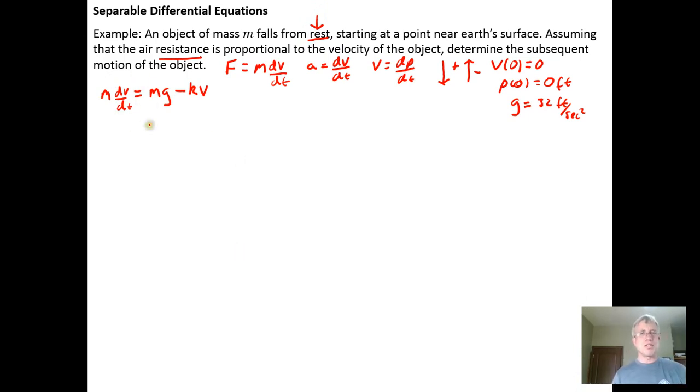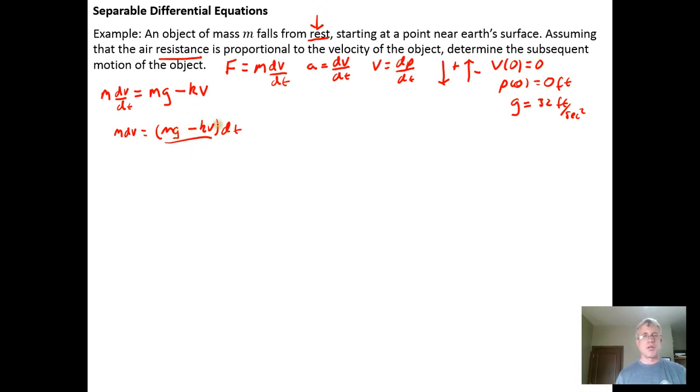Once I get it in this position, I can then multiply both sides by dt. So that's going to give me m dv equals (mg minus kv) dt. And when I look at this, the variable v is showing up and my dv is over here, and the time variable isn't showing up anywhere.